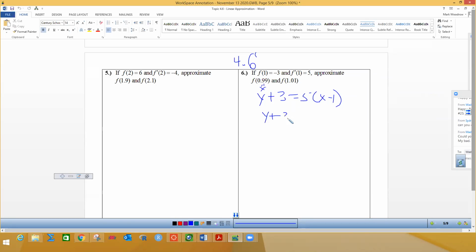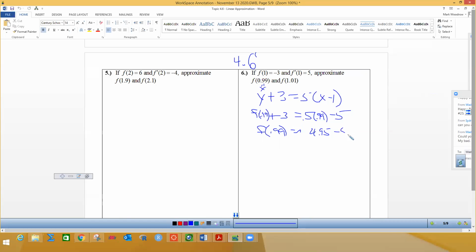So for that one, maybe you ought to put in here f of 0.99 instead of y, so we know that's what we're finding. That is going to equal 5x minus 5, and then we subtract. Oops, I'm supposed to plug 0.99 in here. So f of 0.99 is going to equal 5 times 0.99, which would be 4.95.